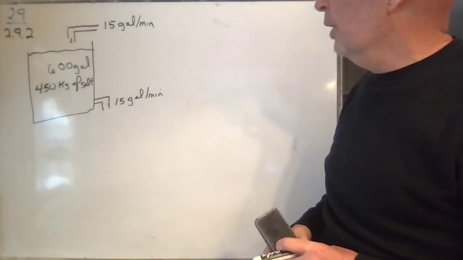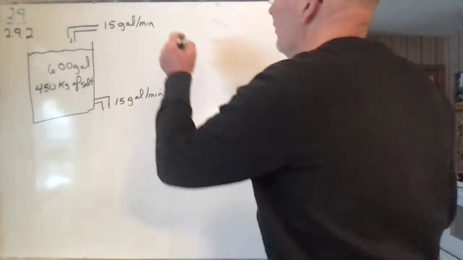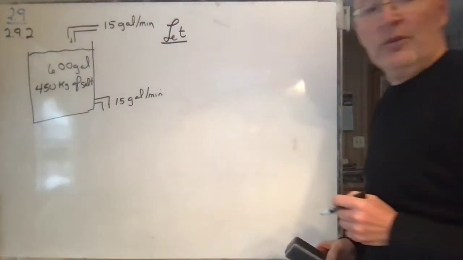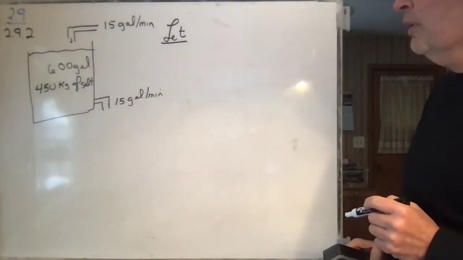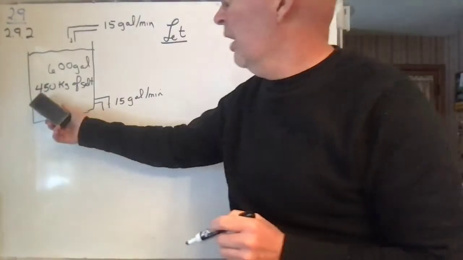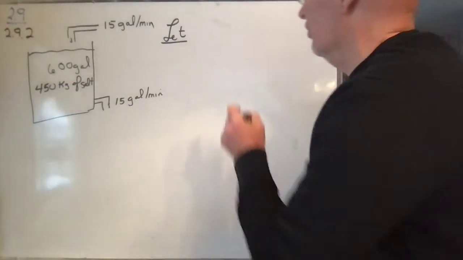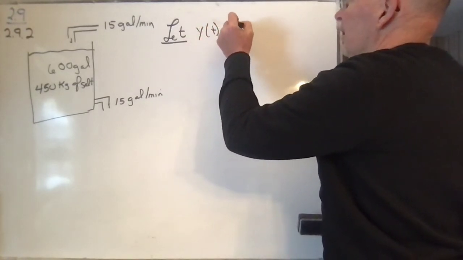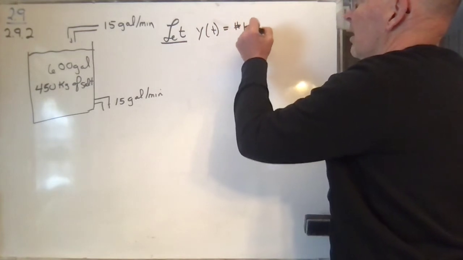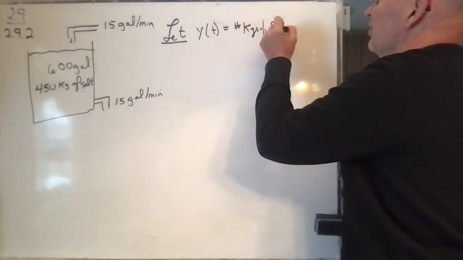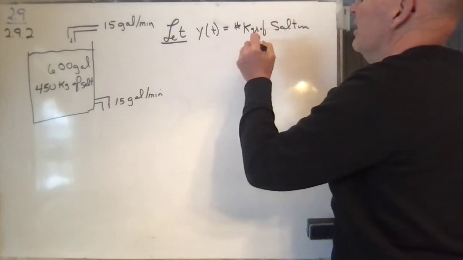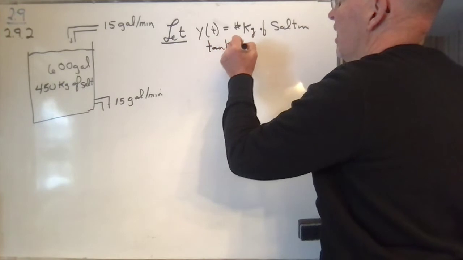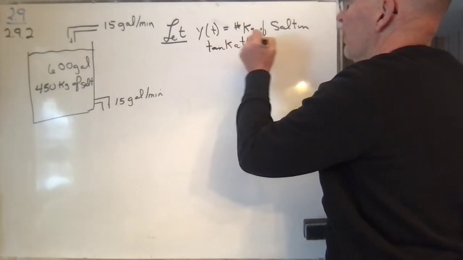Okay, so anyway, let's start off, and remember that the most important way to begin each of these problems is with the word let. So what are we interested in? We're interested in how much salt is there in this tank. So let y of t be the number of kilograms of salt in the tank at time t.